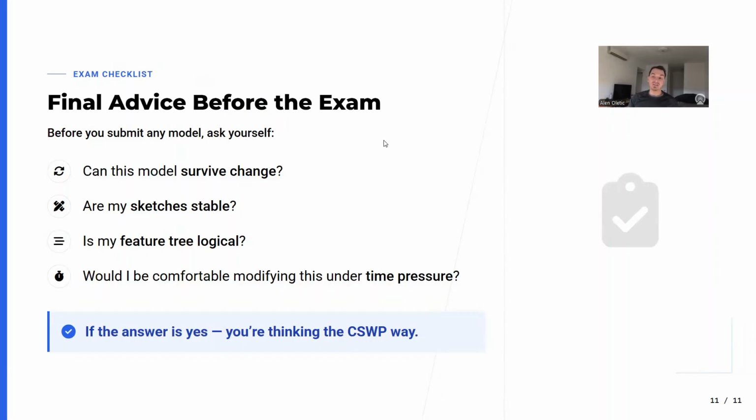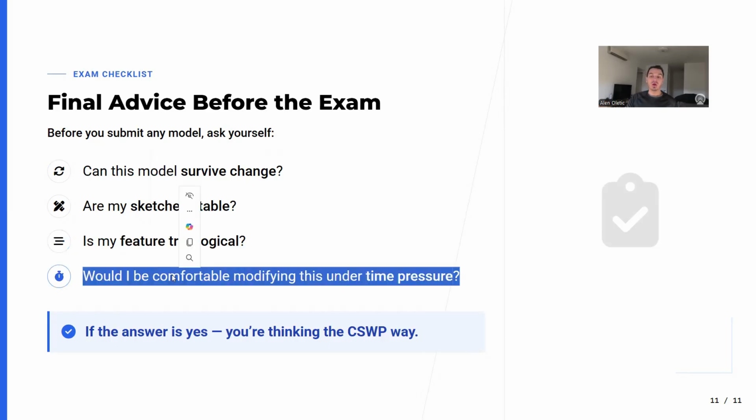And here's my final advice. Before you submit any model answers, ask yourself, can this model survive changes? Are my sketches stable? Is my feature tree logical? Would I be comfortable modifying this under time pressure? If the answer is yes, you're thinking the CSWP way. If the answer is no, you have to practice more.